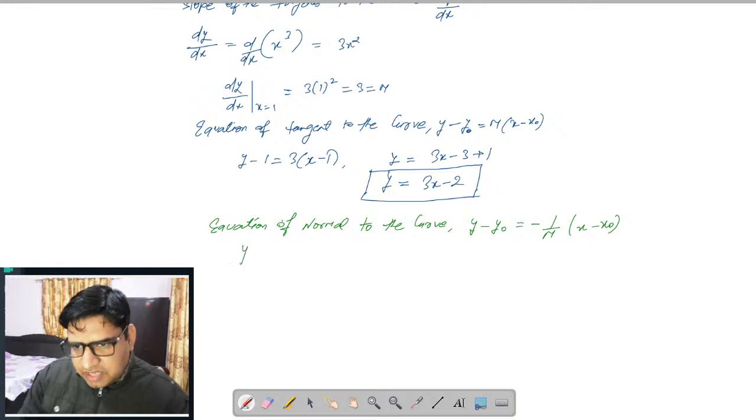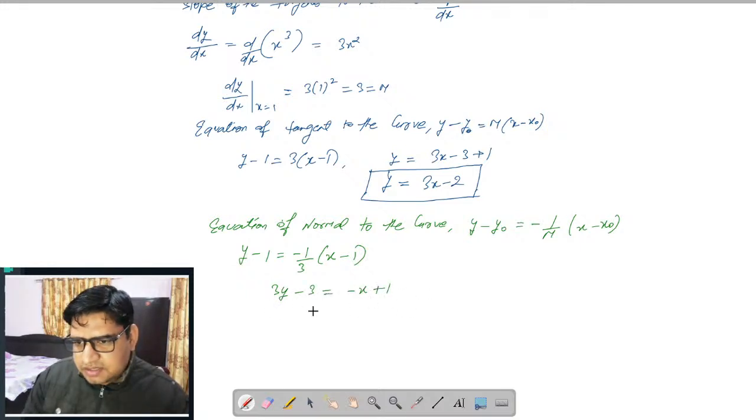So y minus 1 is equal to minus 1 upon 3 times x minus 1. So that will be 3y minus 3 is equal to minus x plus 1, so this will be 3y plus x is equal to 4.